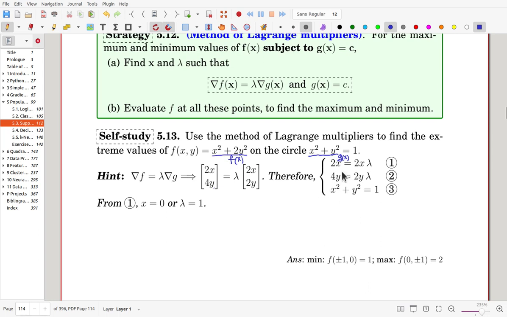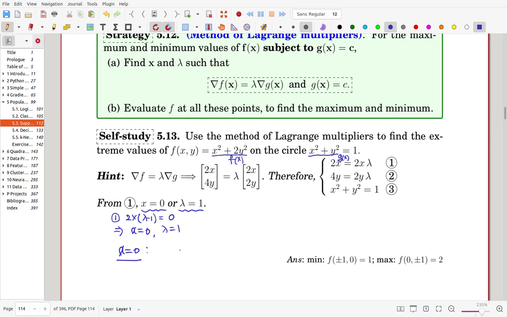From the first one, 2x equals 2x lambda, so it can be written as 2x times lambda minus 1 equals 0. So equation 1 gives that x can be 0 or lambda equals 1.